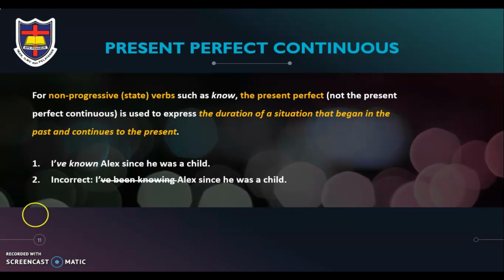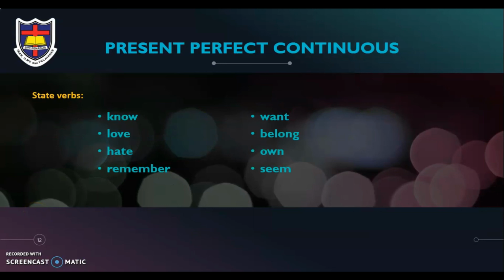Okay? Here are some examples of state verbs. Know, love, hate, remember, want, belong, own, see, have, and others. So be careful with state verbs, okay?